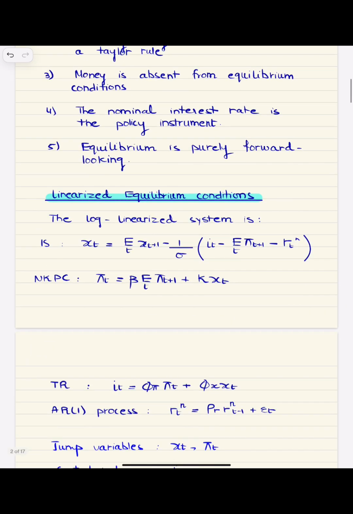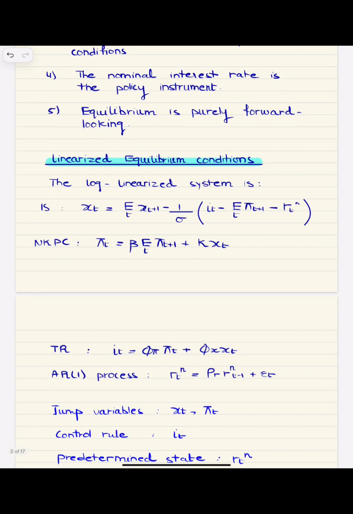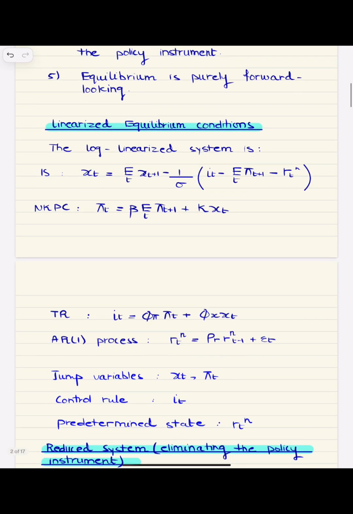Anyhow, moving forward, we derived previously the IS and the Phillips curve, and the Taylor rule is just provided because it's just a policy rule. Remember, all these are log linearized. Okay, as you can see over here, the IS curve is forward looking because it contains an expected future output.